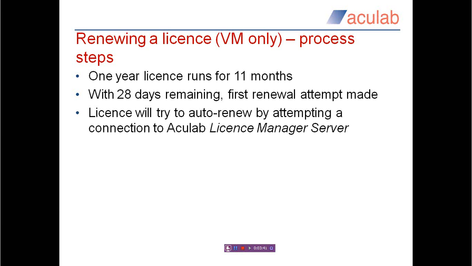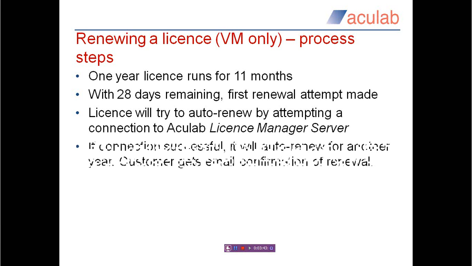It will try and auto-renew itself, and as I said, if successful, it auto-renews and the timer starts again at a year, and you as the customer administrator will get notification that this renewal has happened.